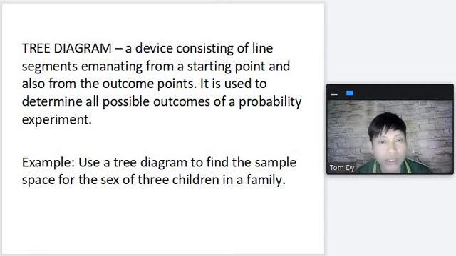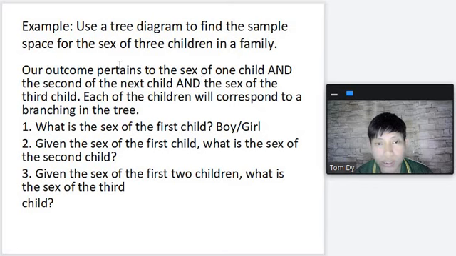Okay, so again, we read this one again. Now, our outcome pertains to the sex of one child, the second child, the next child, and the sex of the third child. Each of the children will correspond to branching in the tree.